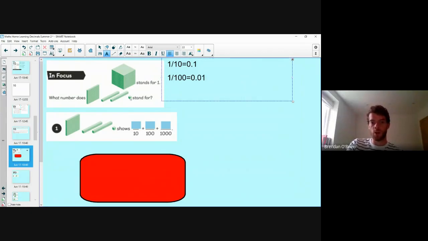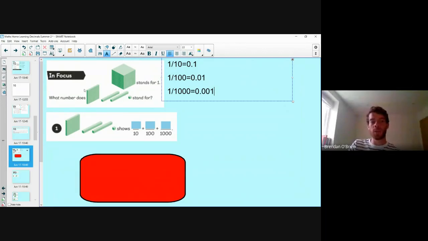And then, of course, as we already know, we need 1,000 of these small blocks to make one whole. So we know that that is 1/1000th, and as a decimal, we write that like that. This is the smallest value. This is 10 times smaller than this value, and this value is 10 times smaller than this value. Okay, that's not what it was asking though. I just wanted to review that.